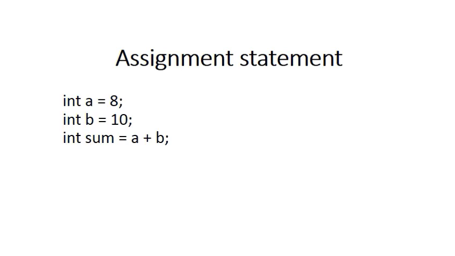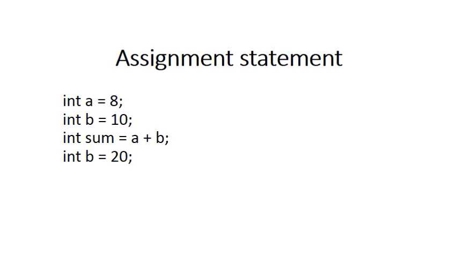It is very important to note that sum does not remember where it comes from. Sum does not remember that it comes from a plus b. Sum simply knows the value is 18 after the assignment. So if I say that sum does not remember where the 18 comes from in the third statement, what do you think would happen now if after the sum I say int b is assigned to 20?